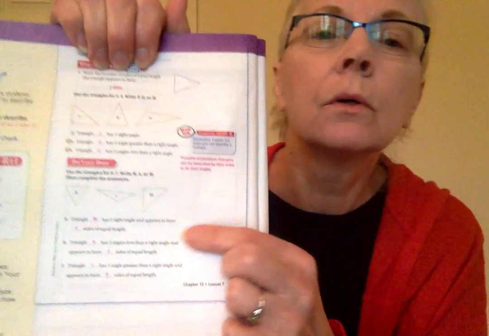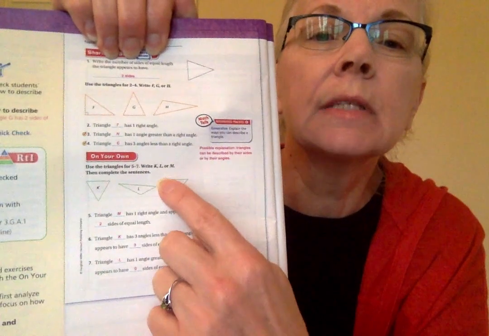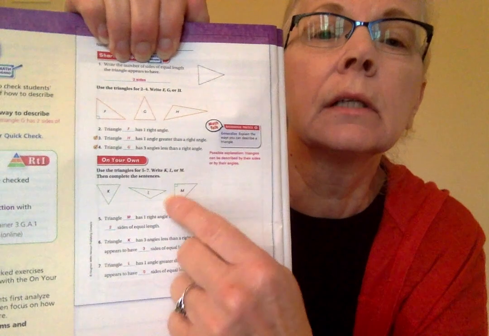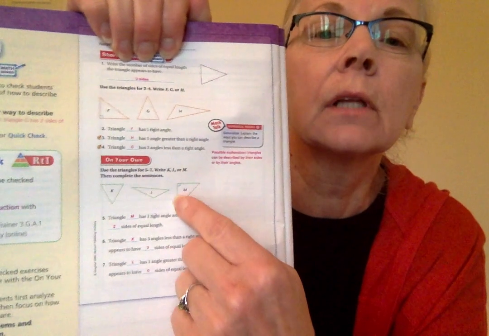We can see it's a right angle, and we see this horizontal and this vertical line are equal to each other. Two sides are the same. So we're looking at both sides and angles. Triangle M has one right angle and appears to have two sides of equal length. Look at number 6. This triangle has three angles less than a right angle.